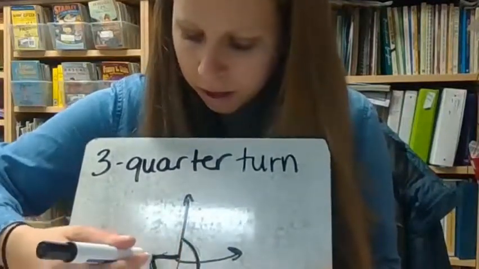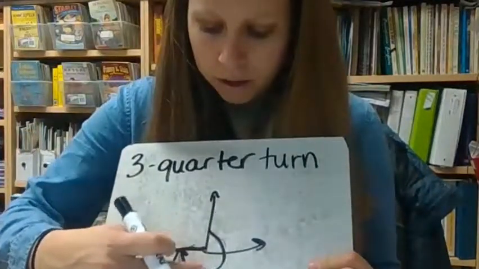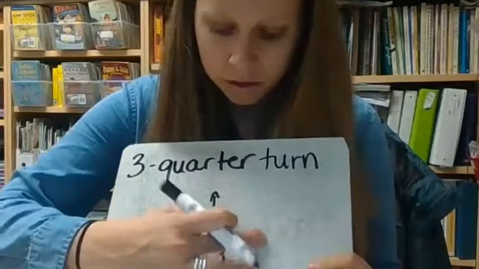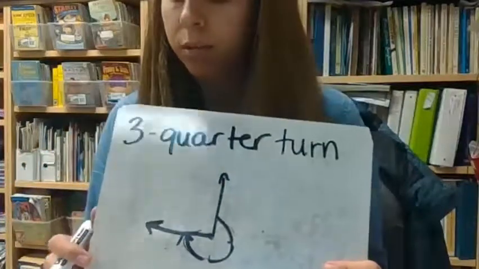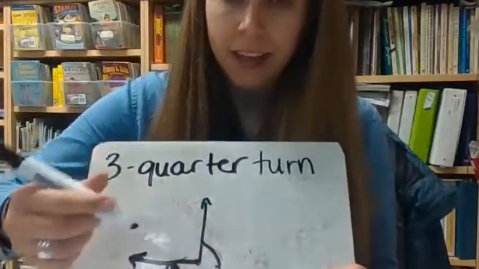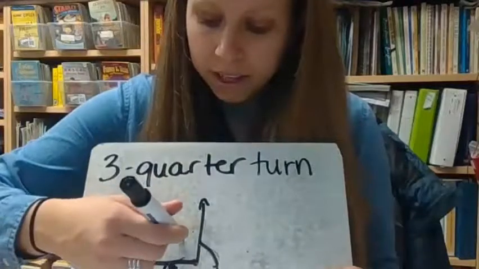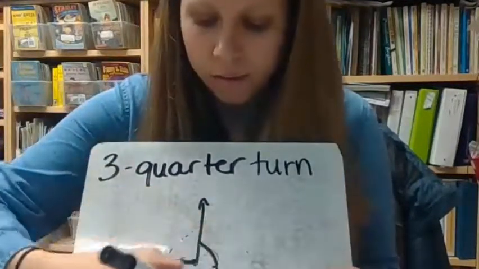So this would be our 3/4 turn. Notice it goes all the way around the outside there. So that's a 3/4 turn. You can see that it's measuring the outside of that. If I were to have my marks in here, it would only be a quarter turn, but it's the opposite of that. It's a 3/4 turn.